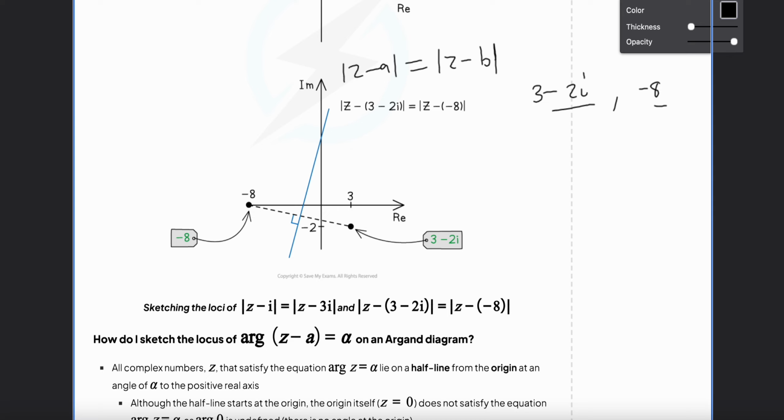So this is my point 3 minus 2i. 3 on the real, minus 2 on the imaginary, so this is the point, and then minus 8 is here. So I have this dotted line that is connecting the 2 points. Now I have to draw a perpendicular bisector of this line.